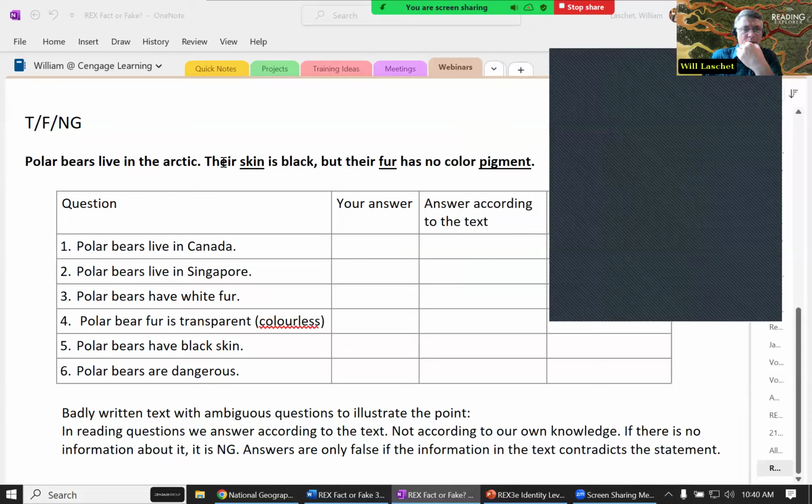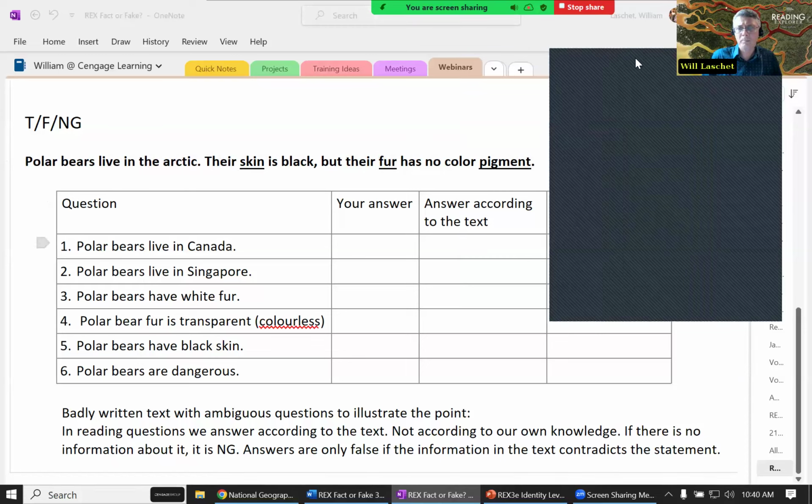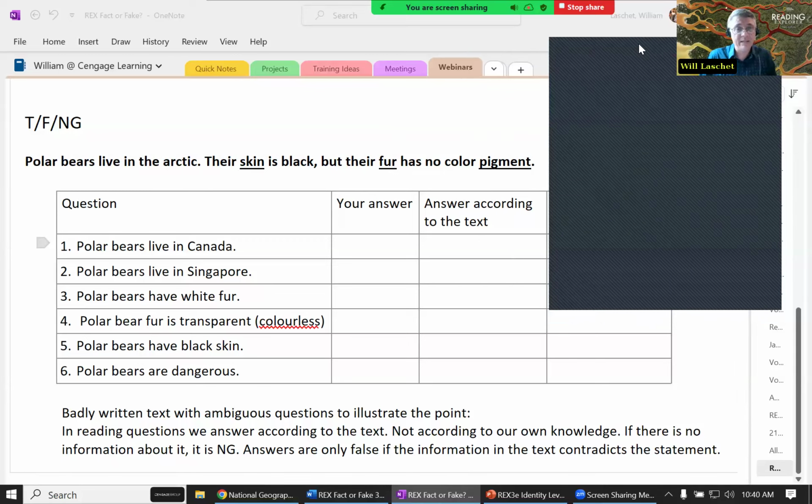Okay, now polar bears' skin is black. So here's our skin. All mammals have skin, animals have skin. But their fur, how about this word fur? Can you give me another word for fur? Just want to make sure we really understand. Hair, great. But the polar bear's fur has no color pigment.